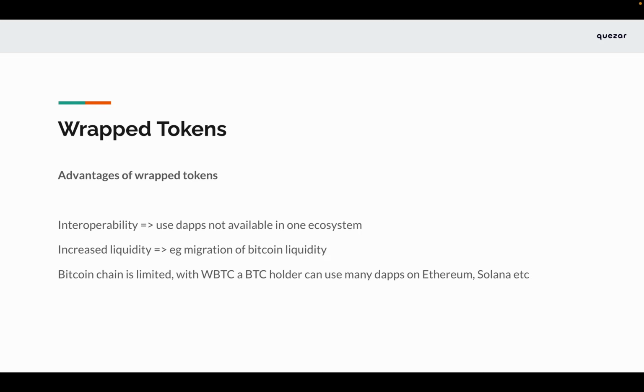Because of that, we have other protocols like Ethereum and Solana, where smart contract functionality is there. And because of that, they have a very diverse ecosystem of various dApps. So if you hold a lot of Bitcoin, you are stuck with the BTC chain, which doesn't have a lot to offer. With wrapped Bitcoin, you can take your liquidity from the Bitcoin chain to Solana or Ethereum, and you can use the dApps that are not available in the Bitcoin ecosystem.